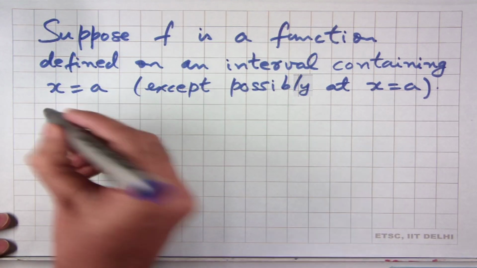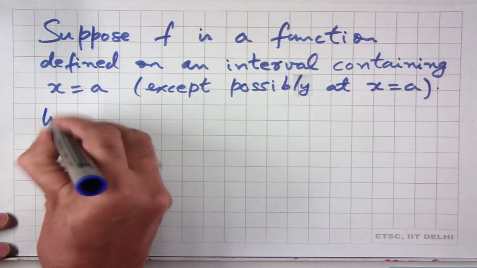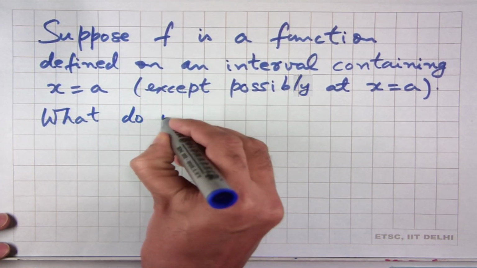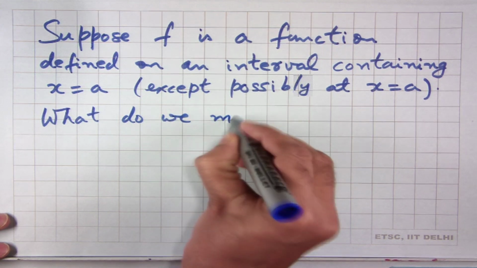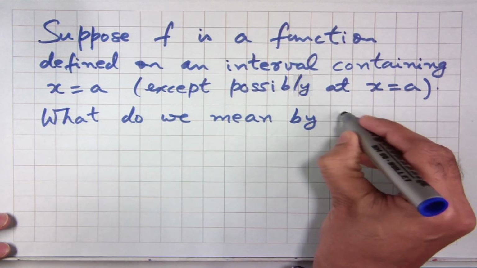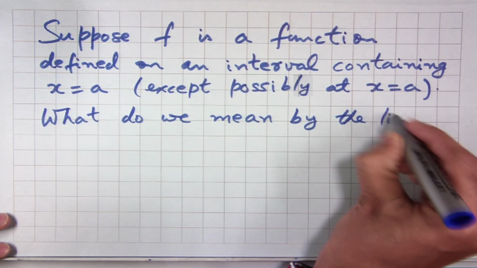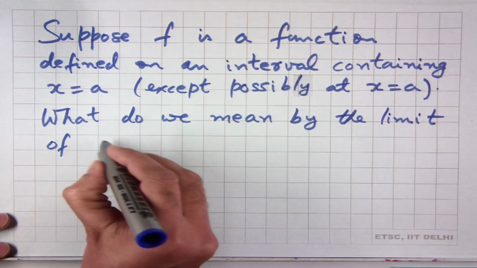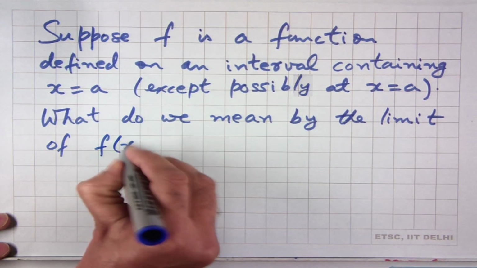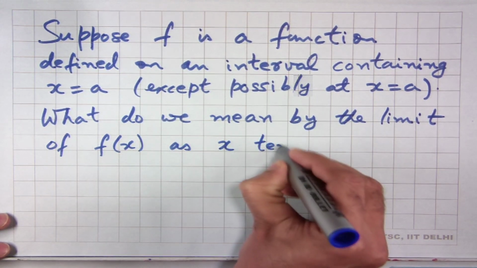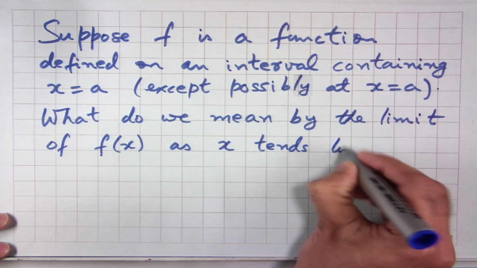So, we would like to define what we mean by the limit of the function f of x as x tends to a.